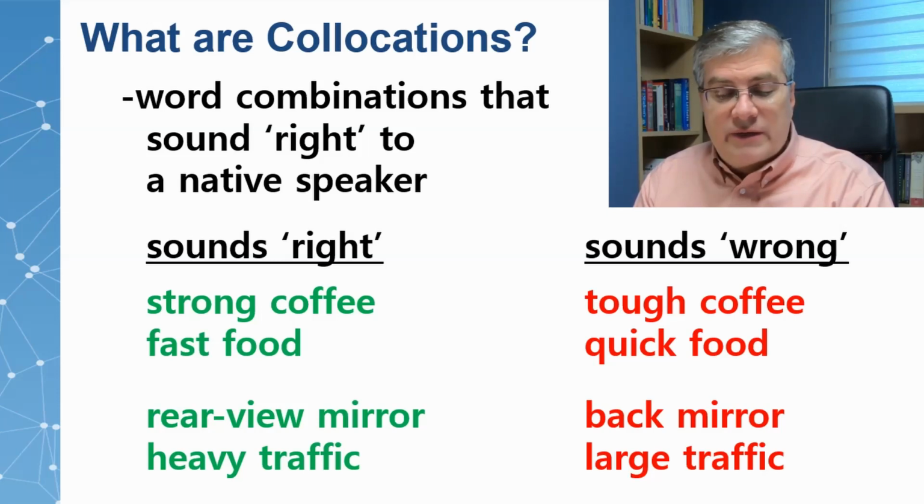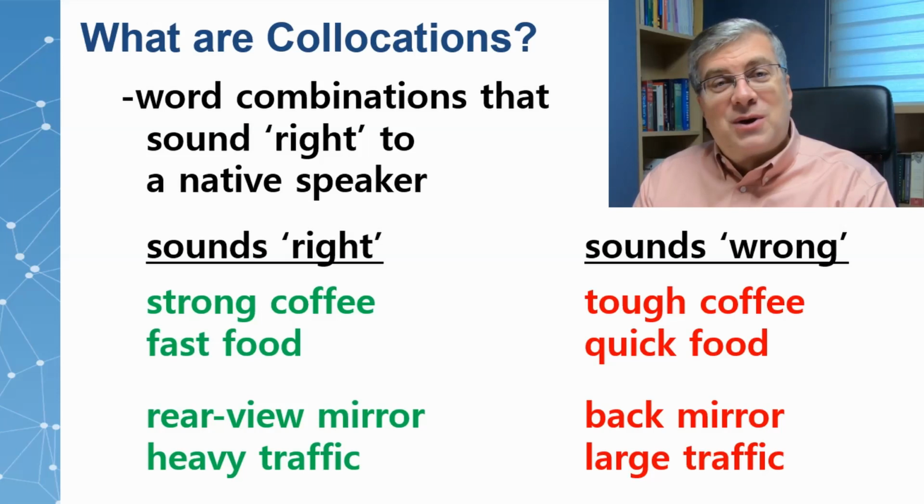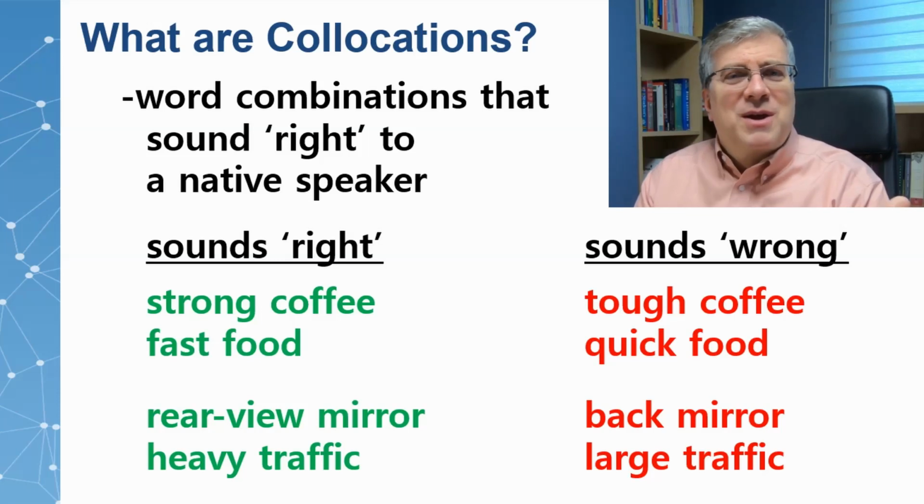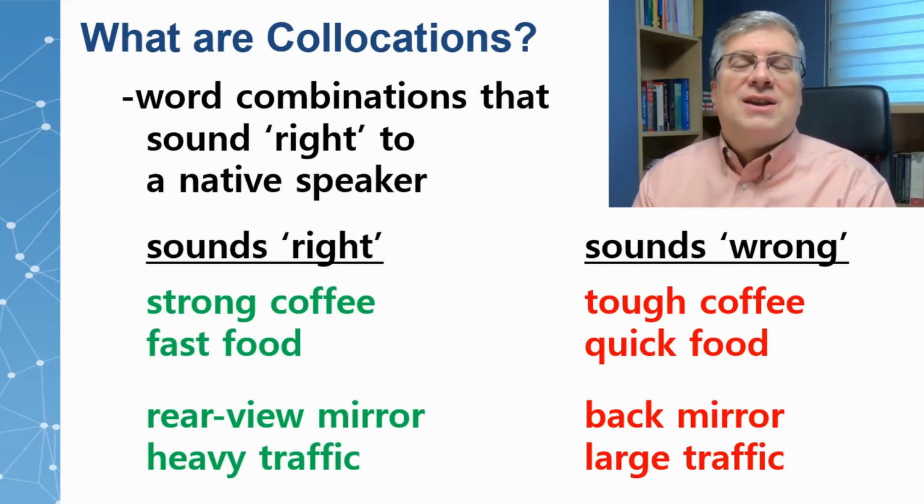In English, it translates to strong, but it can also be translated to tough. So you might go to a coffee shop and say, well, I'd like a cup of tough coffee, please. And of course, the people at the coffee shop will think, tough coffee? What in the world is tough coffee? Because the collocation is strong coffee.